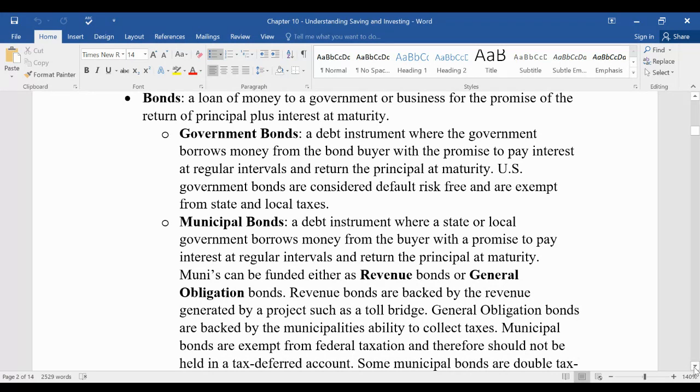The next area we're going to talk about are municipal bonds, and these are going to be state or local government issued bonds. And they're a little bit riskier, but they're going to carry different types of benefits as well. So a municipal bond is going to be free from federal taxation. And in some cases, if you buy a municipal bond in the state where you live, it might be free from both federal and state taxes. Okay.